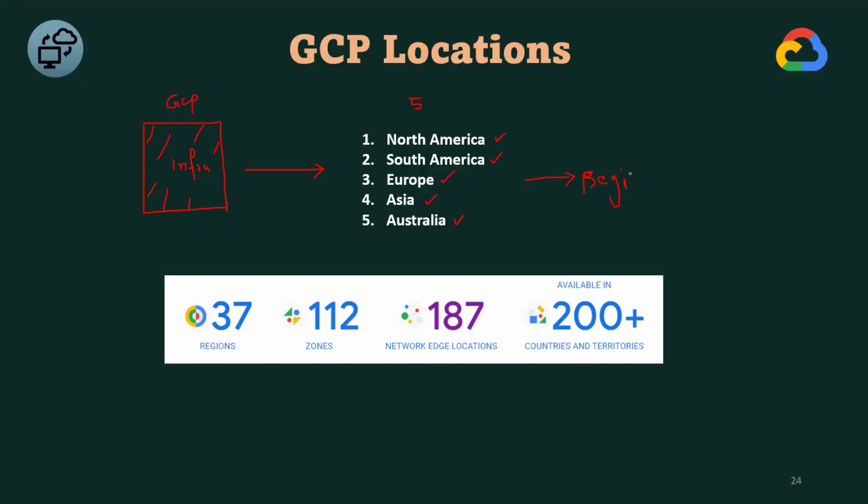These regions are further divided into zones. So this is how GCP's infrastructure is divided into multiple locations. Those locations are further divided into regions. Regions are further divided into zones.